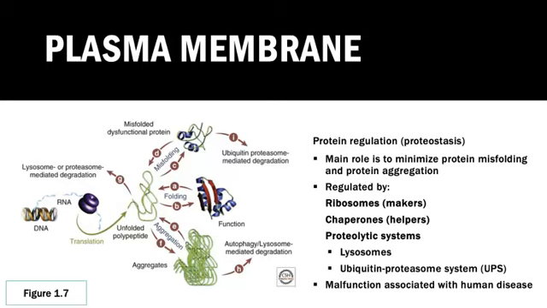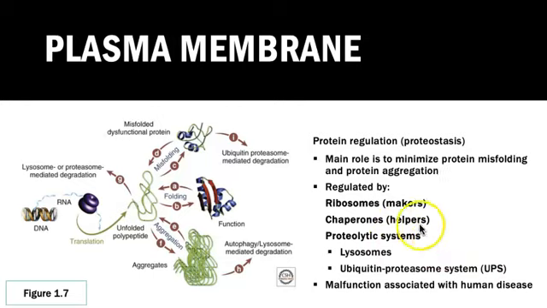So we have some proteolytic systems that assist us in doing this so that we don't misfold or have protein aggregation take place. We are going to regulate these processes by using the ribosomes. They're going to help make our proteins, and the chaperones will help with this process.